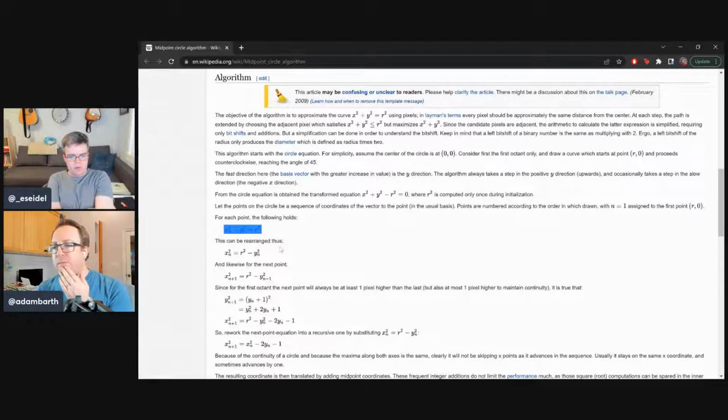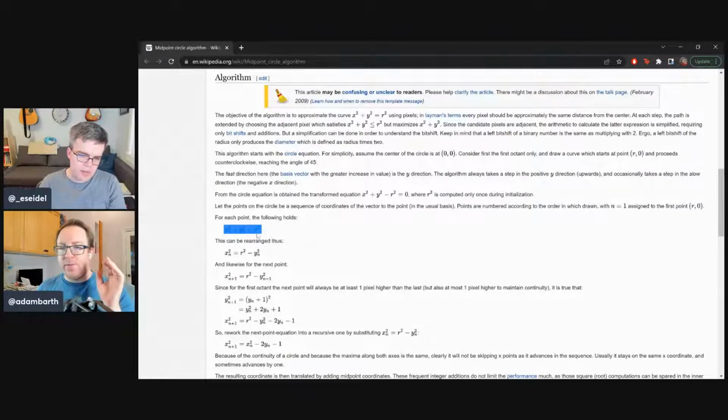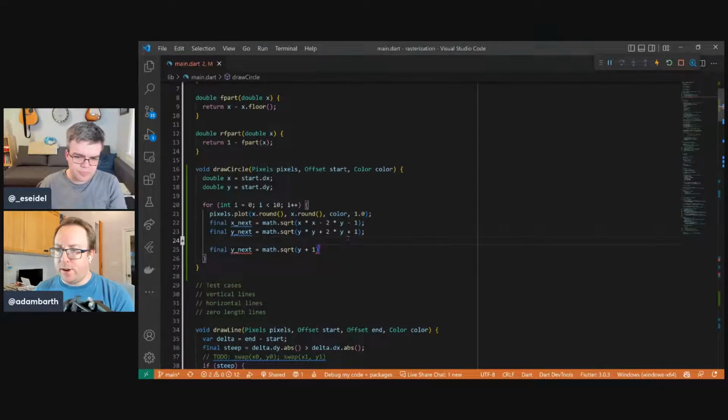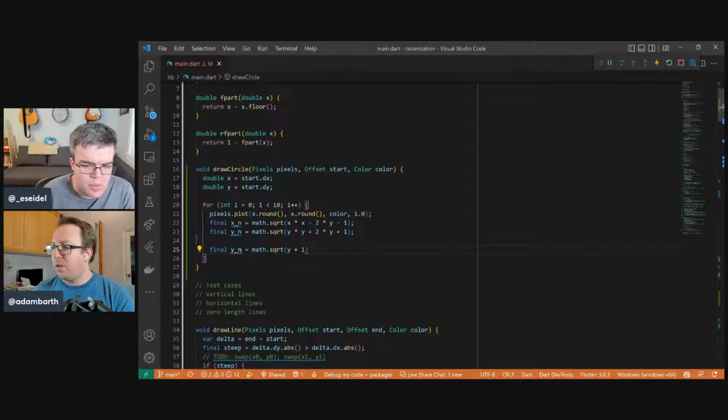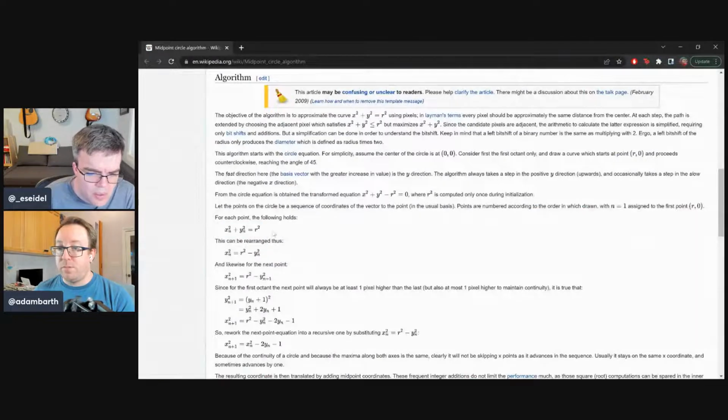For each point, the following holds. I feel like I'm missing something very basic from this equation. We could compute y from x. Well, right? We have xn and yn, and we have r. And we're trying to compute xn plus 1 and yn plus 1. And I'm sad that these equations don't include r, because it seems like an important factor of the equation.